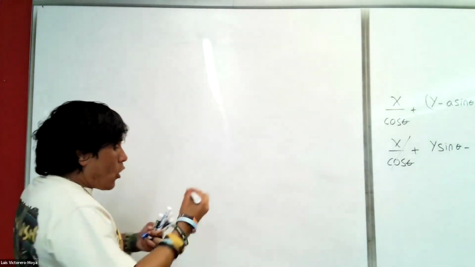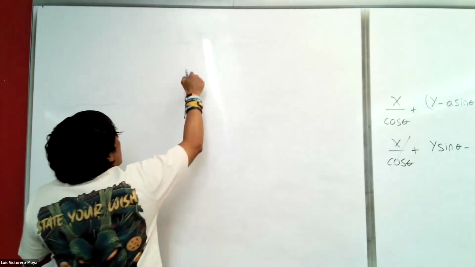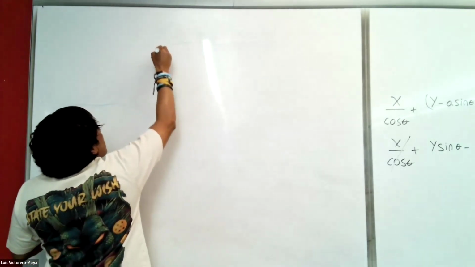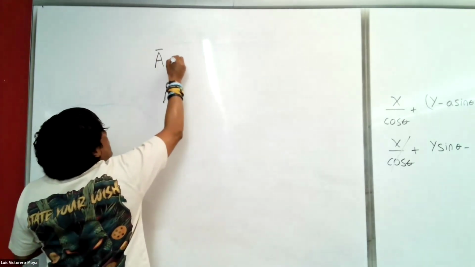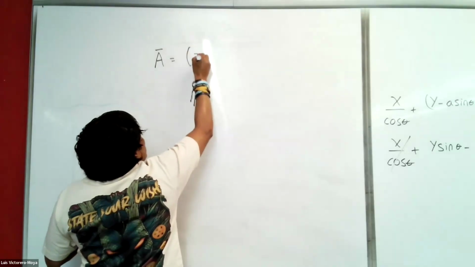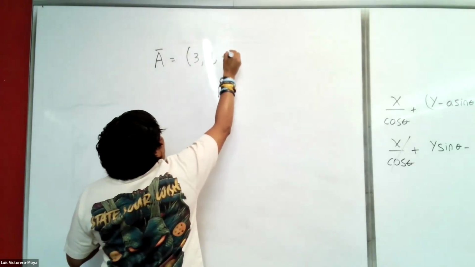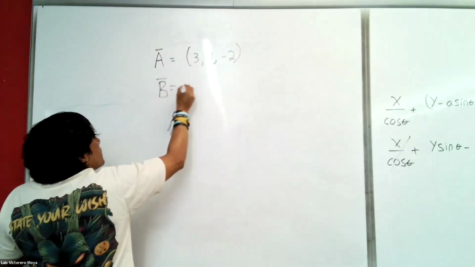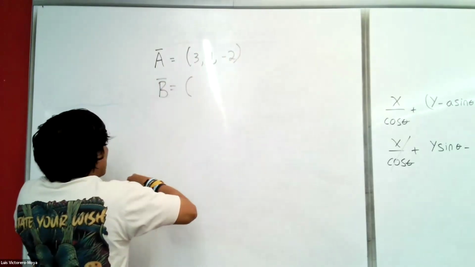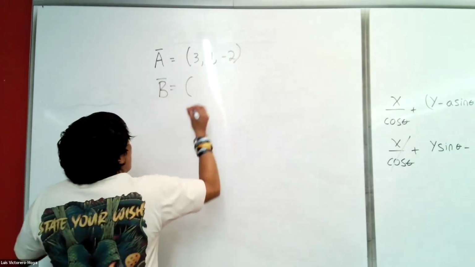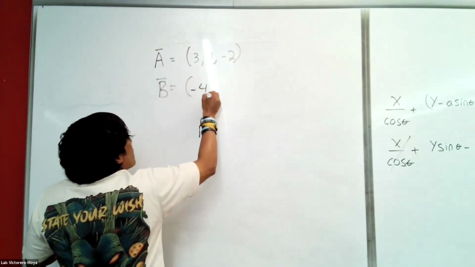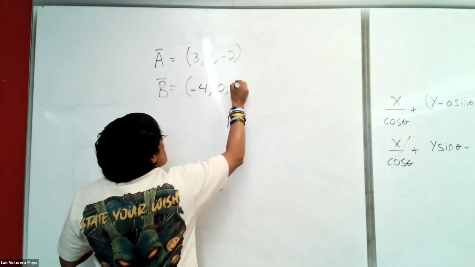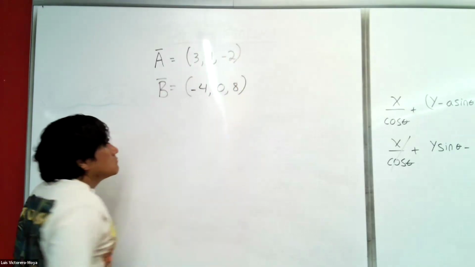So for the cross product, let's give you vector A equals 3, 1, -2, and vector B equals -4, 0, 8.